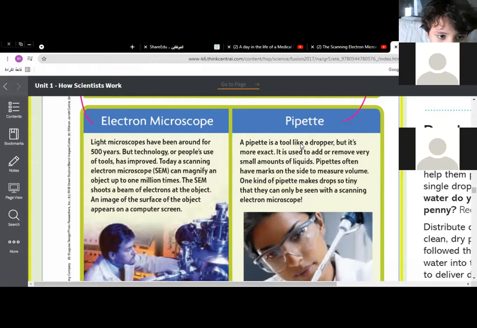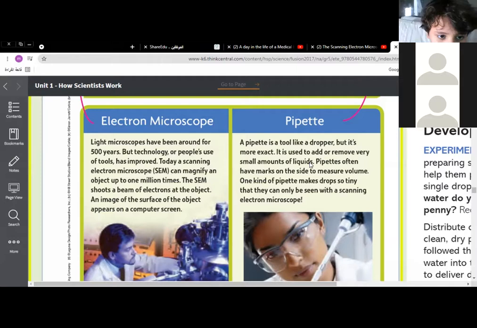It is used to add or remove very small amounts of liquid. Pipettes often have marks on the side of the measured volume. One kind of pipette makes drops so tiny that they can only be seen with a scanning electronic microscope.